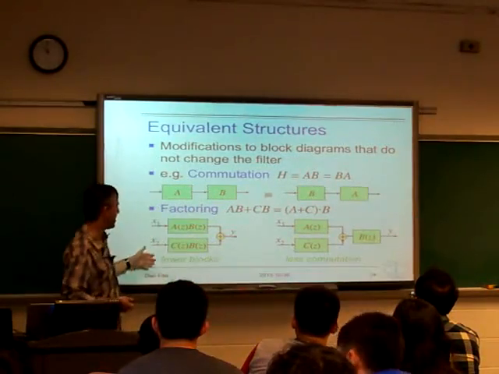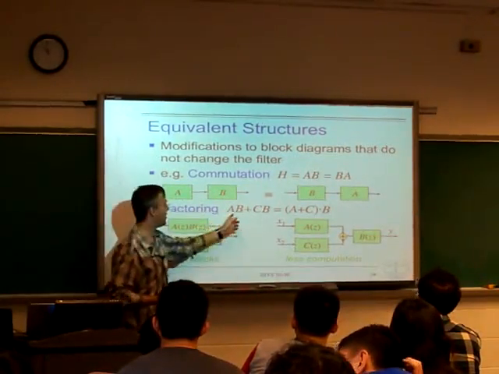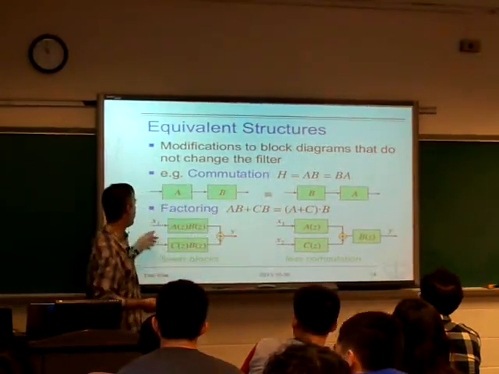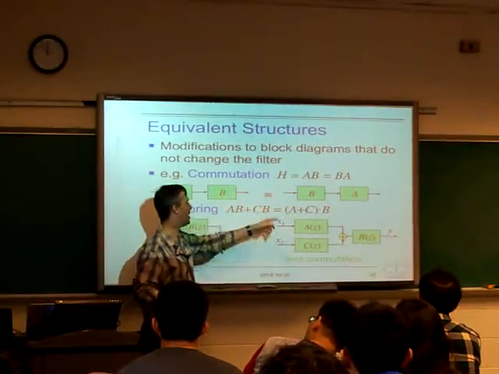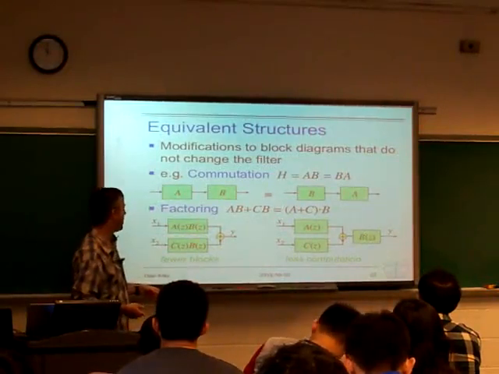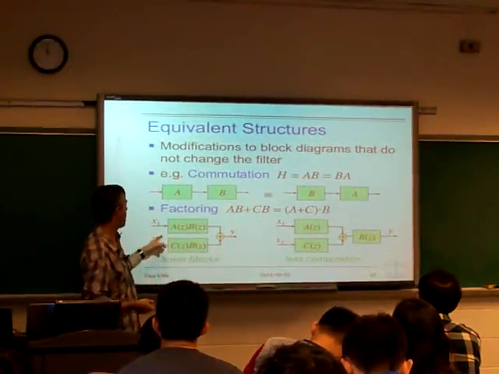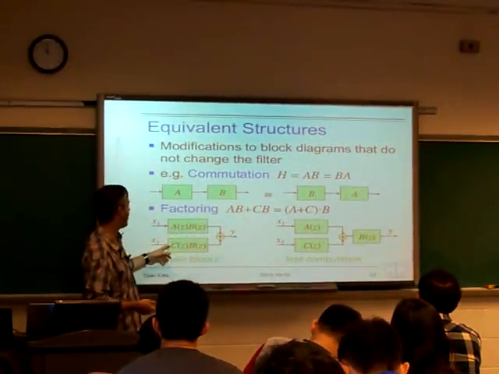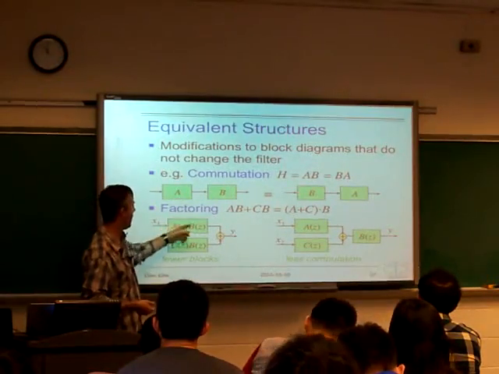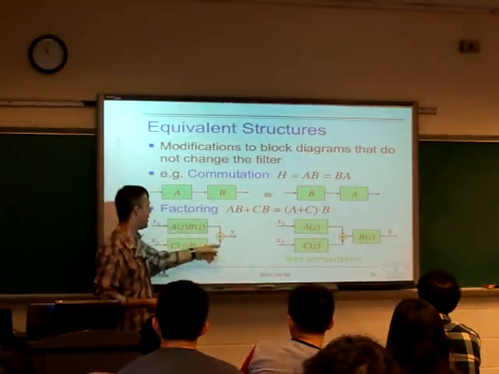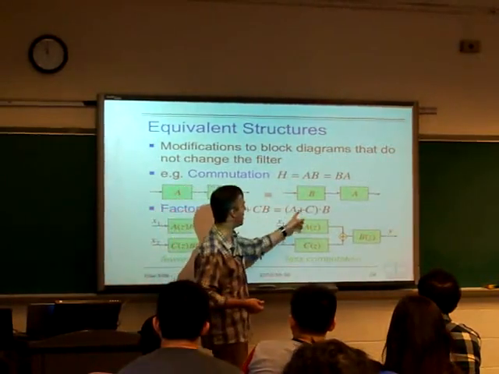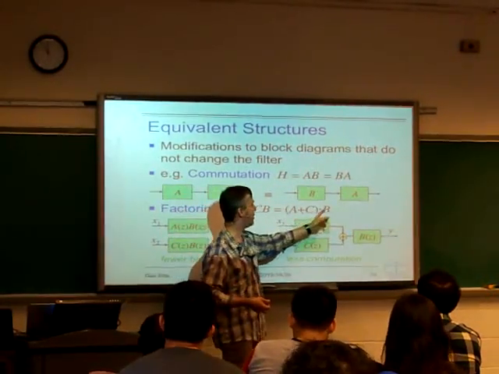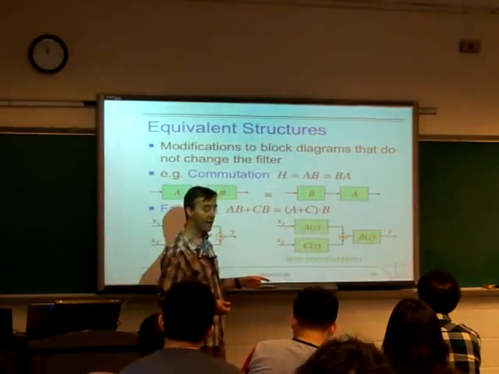And so that is, if the system function was AB plus CB, that would be like AB times x1 plus CB times x2. Then it might be a structure like this, where we have the AB system and the CB system, and then we sum them together to give y. This would be saying, well, it's A times x1 plus C times x2, then the whole thing processed by B.